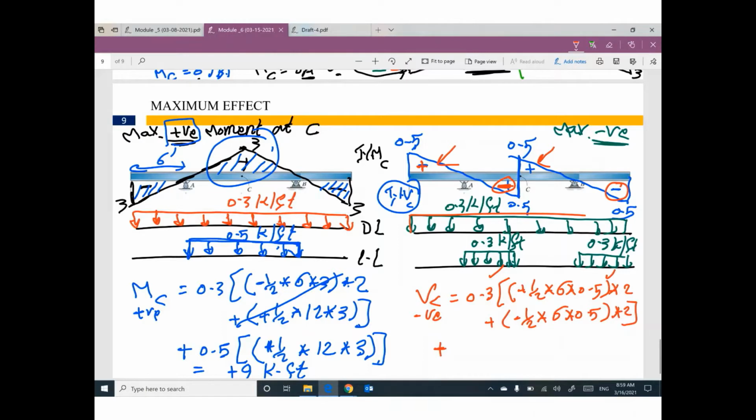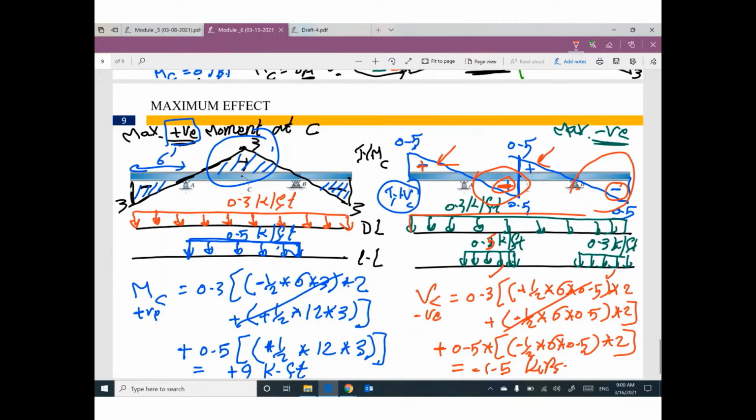Value of live load, 0.5, times this diagram, negative 1/2 times 6 times 0.5. The other diagram will be the same value, so I multiply it by 2. This term will be 0. This one will be negative 1.5 kip.